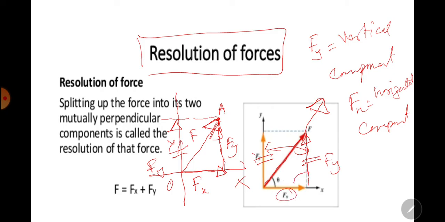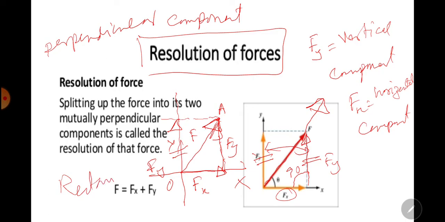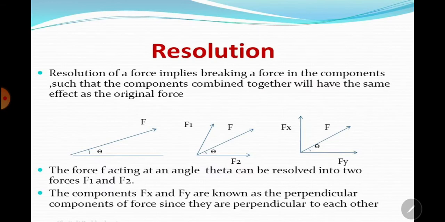They make an angle of 90 degrees with each other, so they are called perpendicular components, or rectangular components.